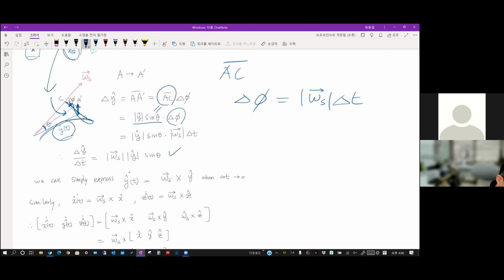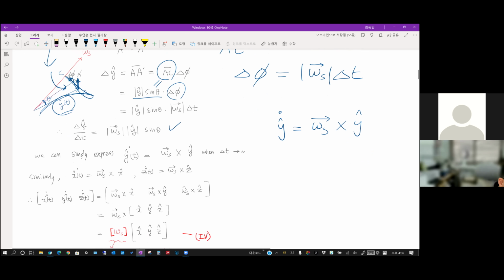So the equation of y hat dot is omega s vector cross product y hat. So the time derivative of the y unit vector can be calculated using the cross product with omega s.